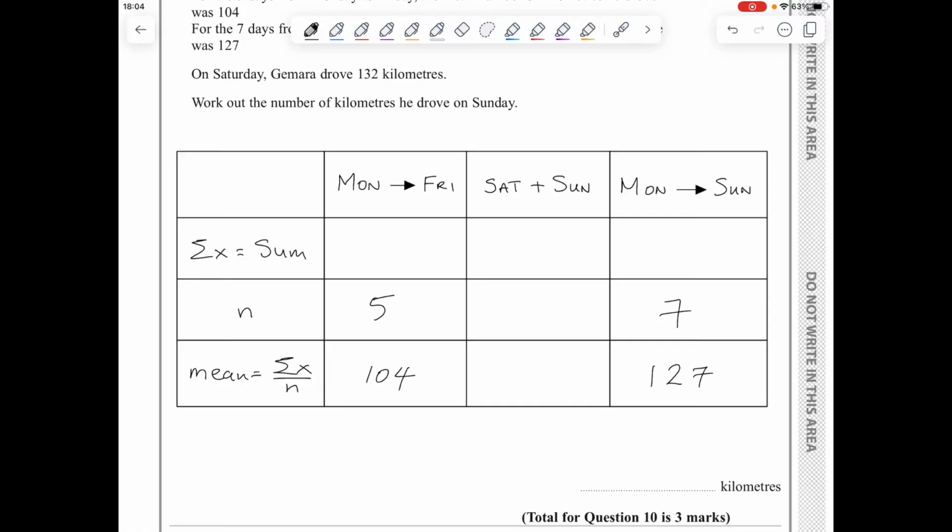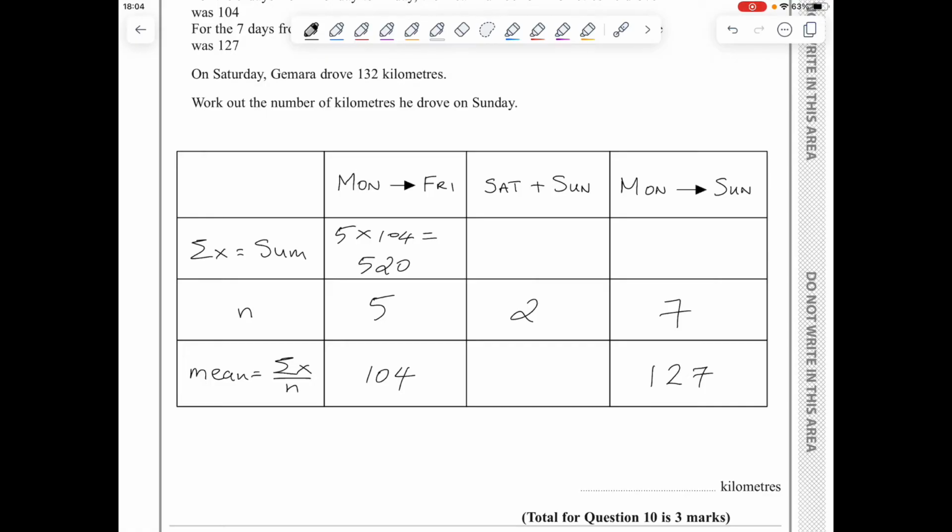And to go from the first column to the last column, there are 2 extra days, which are Saturday and Sunday. Now, the sum of the first 5 days is equal to 5 times 104, which comes out to be 520.